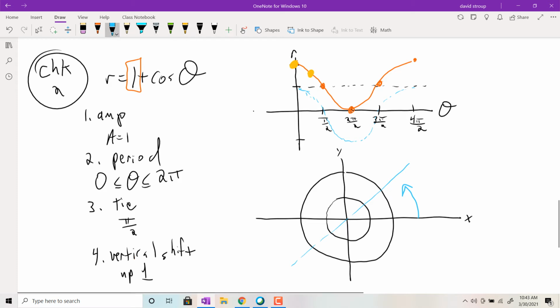So on my polar graphing system, it starts out at 2, and then it decreases to about 1.5 at pi over 4. As the angle moves, you get that curvy sensation like that. And then it's going from pi over 4 to pi over 2, from that 1.5 down to 1.